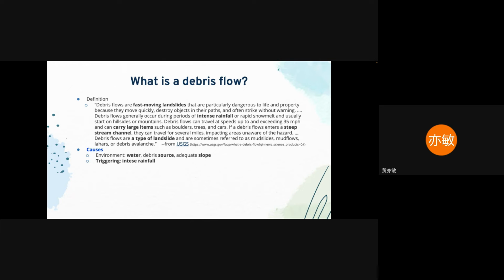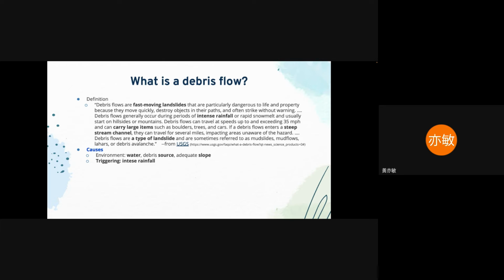And in the previous slides, the video showed it even moving a house. So it is a rapid disaster. It occurs in a very short time period, and then it causes serious damage to people and to our properties.